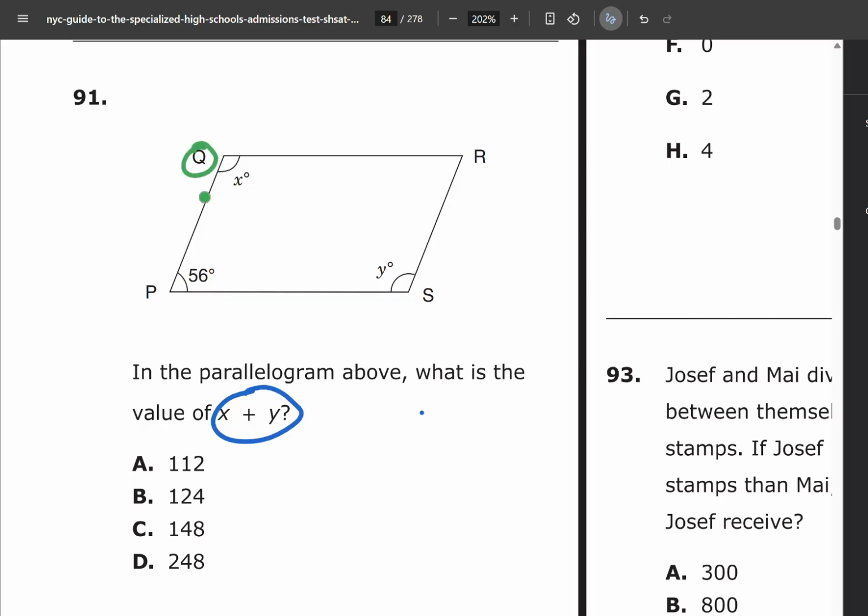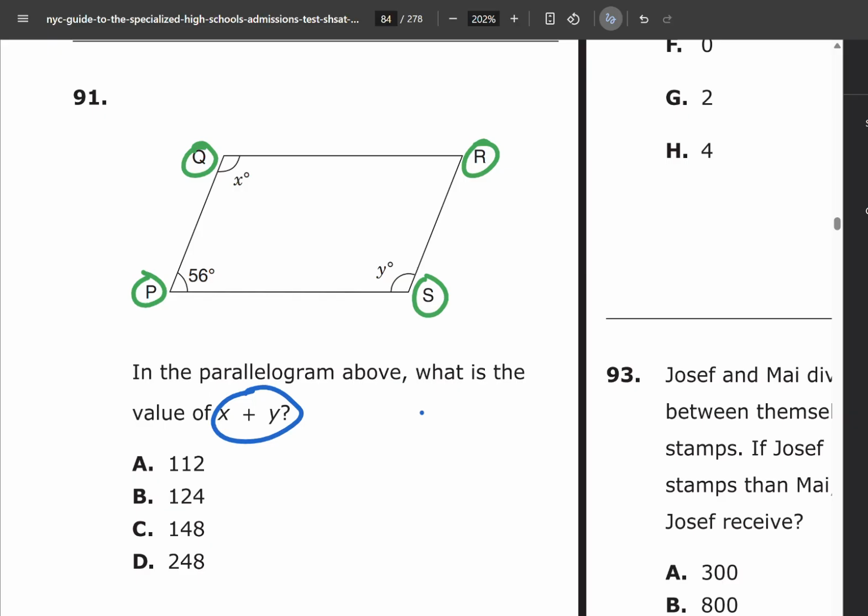So, angle Q is right after angle P. Whatever the measure of angle P is, and whatever the measure of angle Q is, if you add those together, it'll be supplementary, or adds up to 180 degrees. Same thing with Q and R, same thing with R and S, same thing with S and P, and same thing with P and Q.